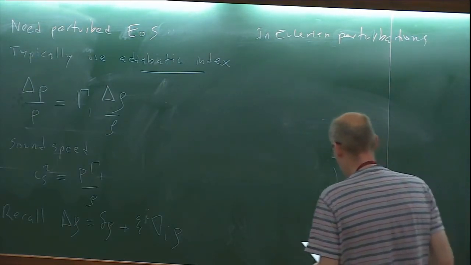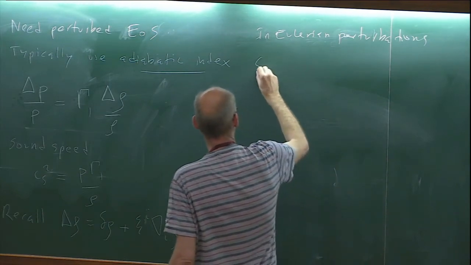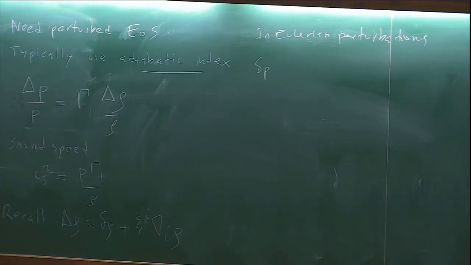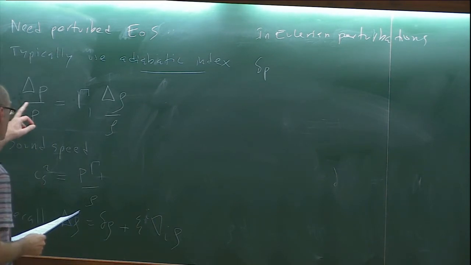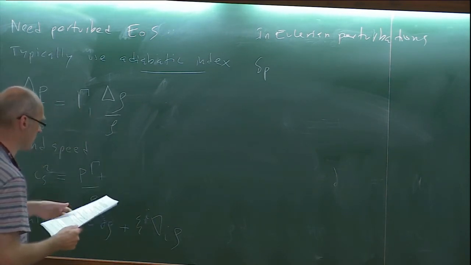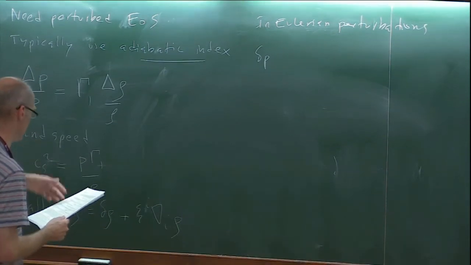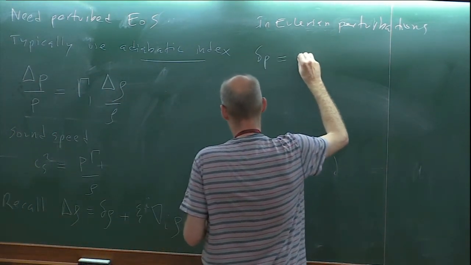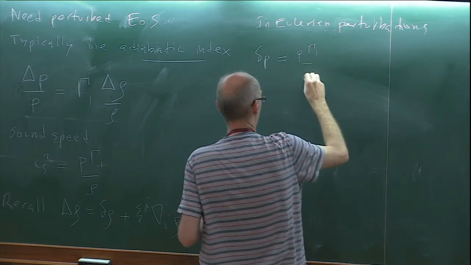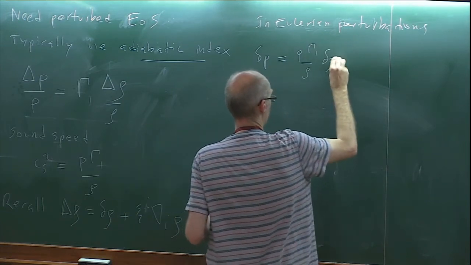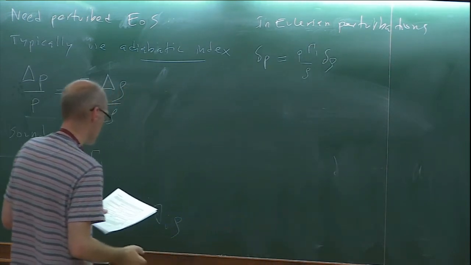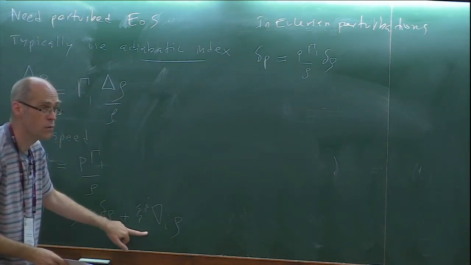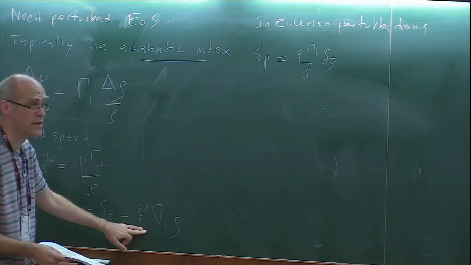So if we do this, we can write down what happens to this delta P. Well, there's going to be a relationship between delta P's and so on that obviously has exactly these coefficients. So the first term is easy. It's going to be P gamma 1 over rho, that's the sound speed, times delta rho. And then I will have these pieces, one for the pressure and one for the density.